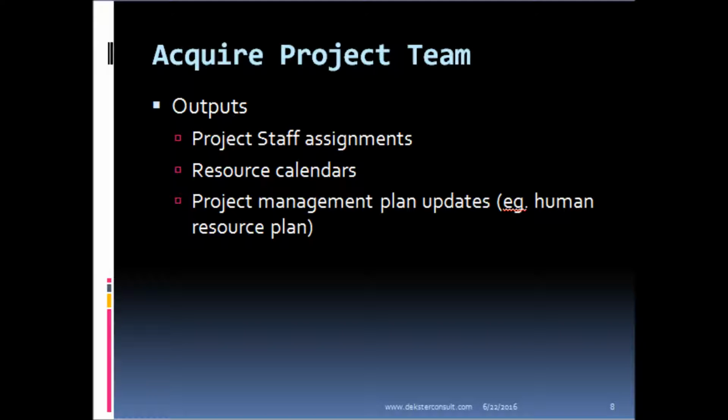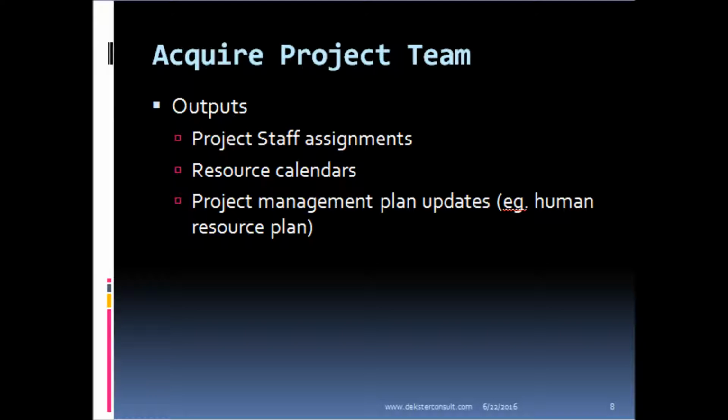The outputs of this process will be that we will have selected staff for our project, and so we will assign them to duties, and this is what we refer to as the project staff assignments. And then we can develop a resource calendar which tells us the various times that staff will be available to work on our project.